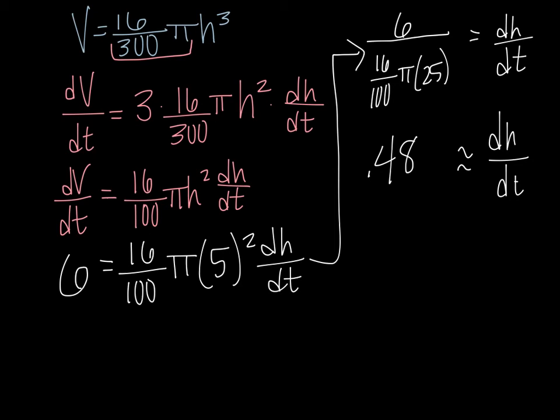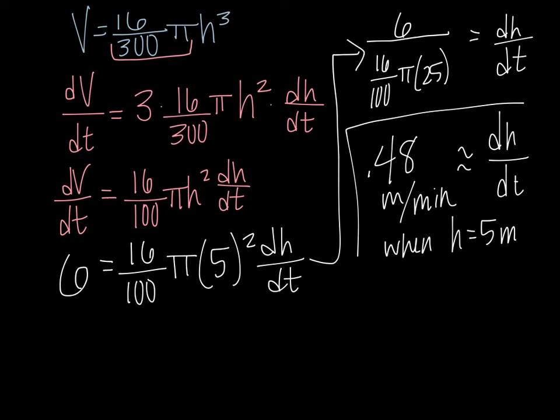That's the rate that the height is changing, so that's meters per minute. So dh/dt is approximately 0.48 meters per minute when the height is 5 meters. I'm going to specify that. So there's the answer right there.